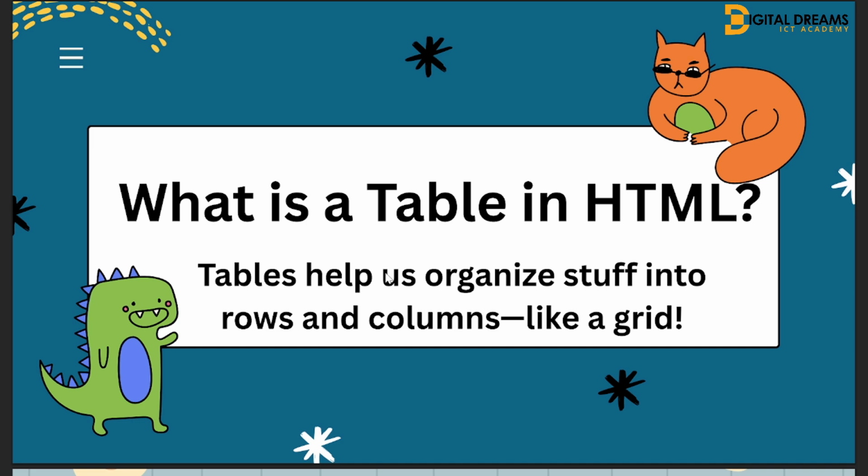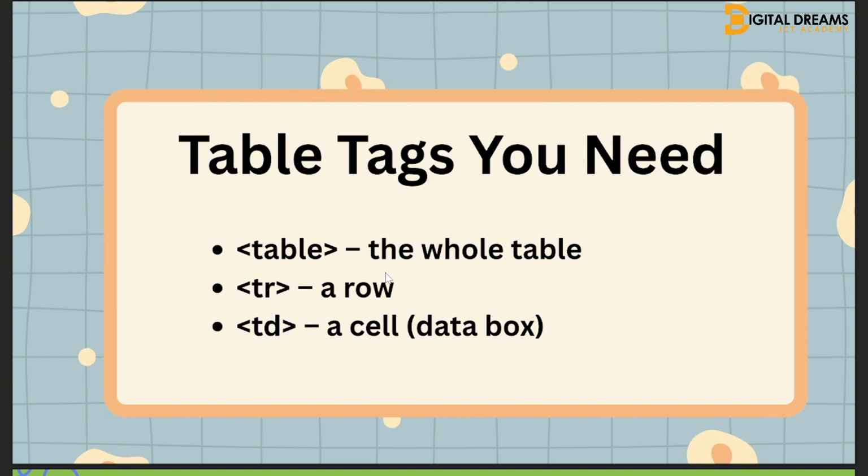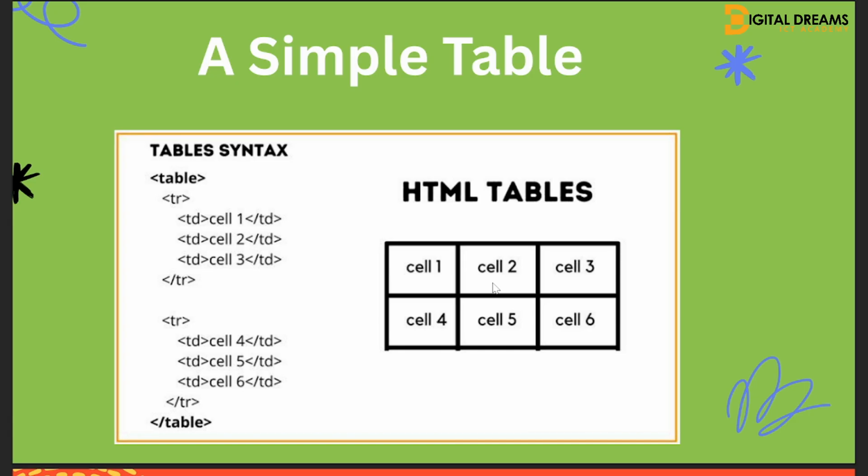We already know what a table is. It helps us to organize stuff using rows and columns, just like a grid. Now the table tags I need us to remember are the table tag, the TR, which stands for table row, then the TD, which stands for table data, and these are the cells. I already taught you what these tags stand for. You cannot do without them.